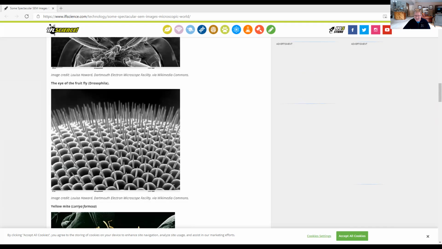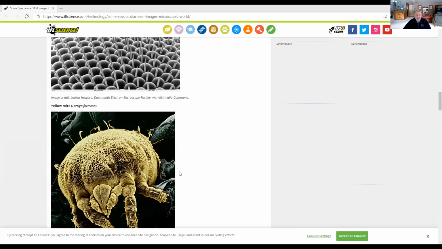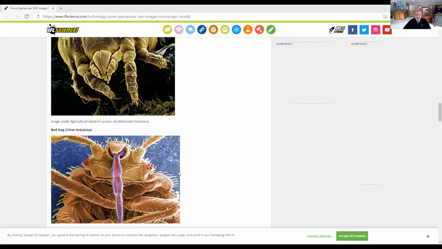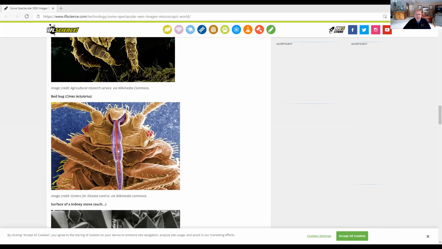They have many thousands and thousands of lenses. And that's why it's hard to catch a fly. You move your hand, they detect that movement because they have lots of lenses to pick up on movement around them. Here's a mite. There's a bed bug sticking its tongue out at you. Again, a lot of these have been colored just to bring out particular features.